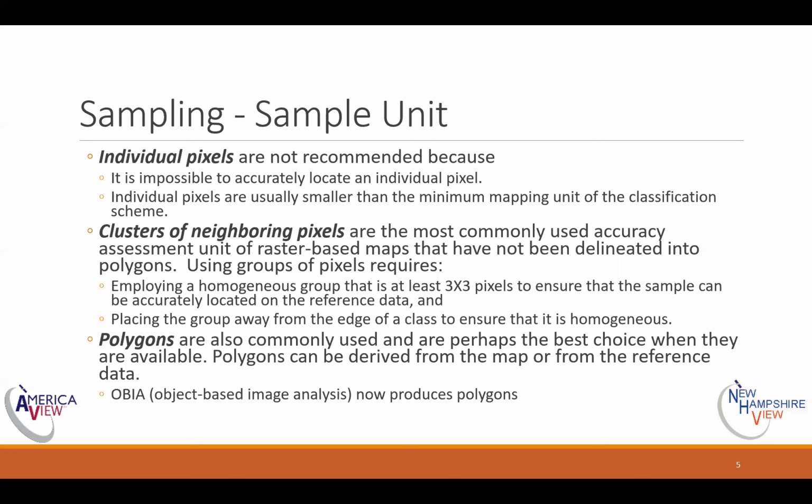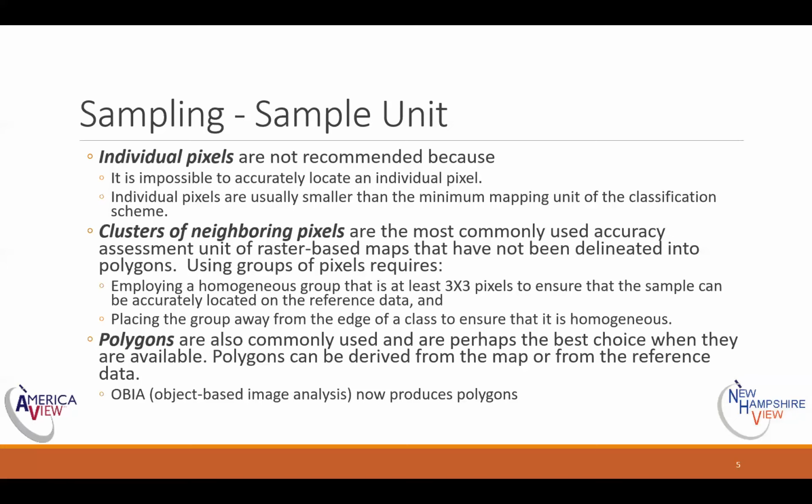If you've got some locational problems, if it's homogeneous, you're still going to be inside of that 3 by 3. That way it can be accurately located. You also need to place those homogeneous samples away from edges because, again, you get that locational problem. You do not want positional error in your thematic accuracy.